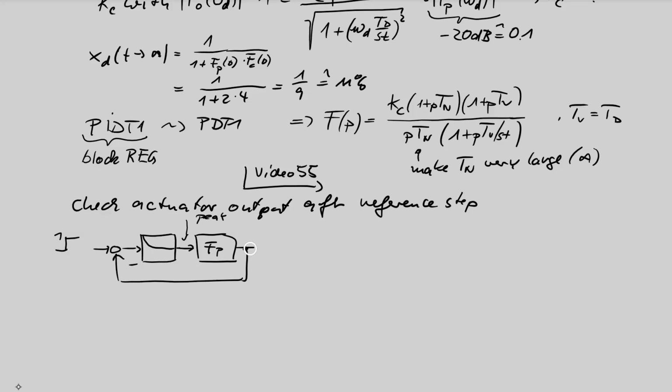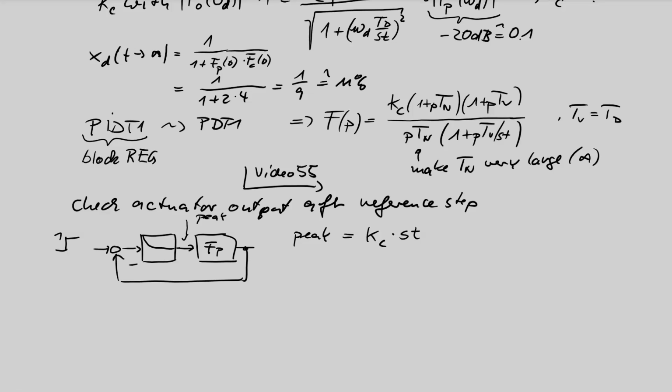In the first moment, no compensation comes back, so the amplitude 1 directly goes to the controller, and we can say the peak value is in both cases, P controller case and PD controller case, Kc times step depth.